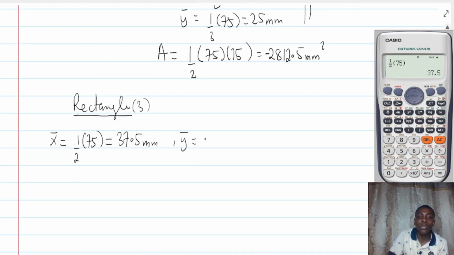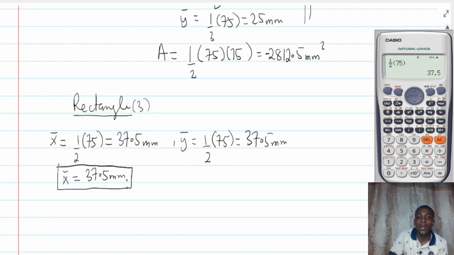So for the rectangle, the x bar is 37.5 millimeters, and the y bar is also 37.5 millimeters.